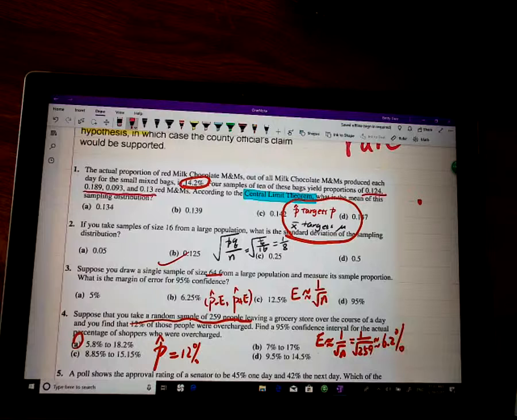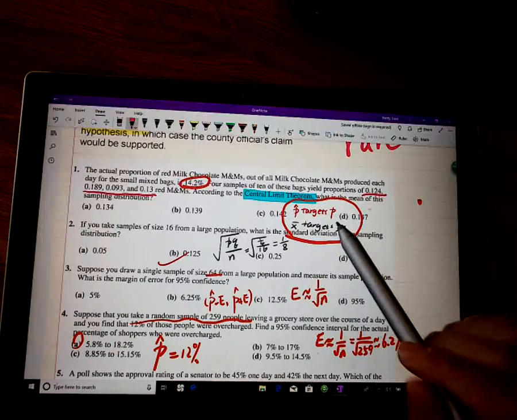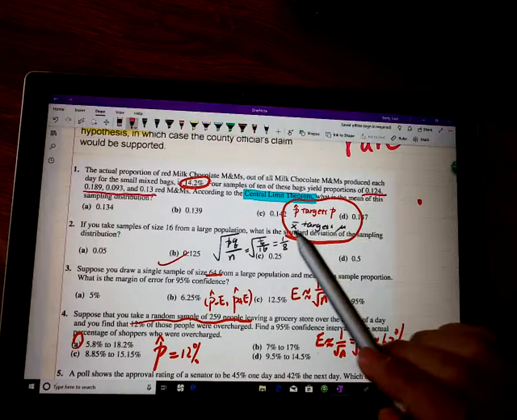What's the mean of this sampling distribution? You will just choose C, okay?